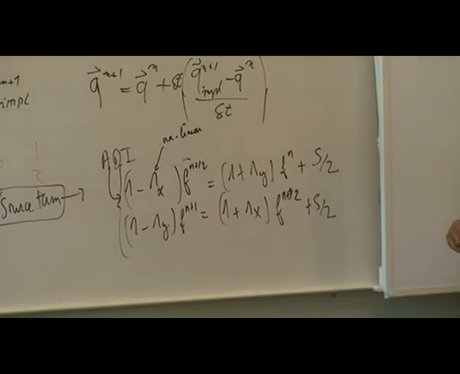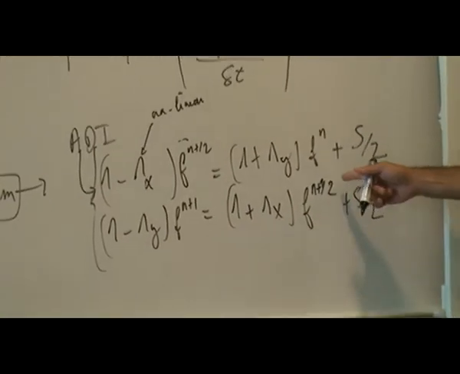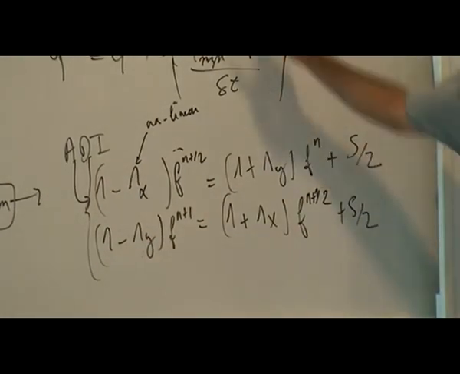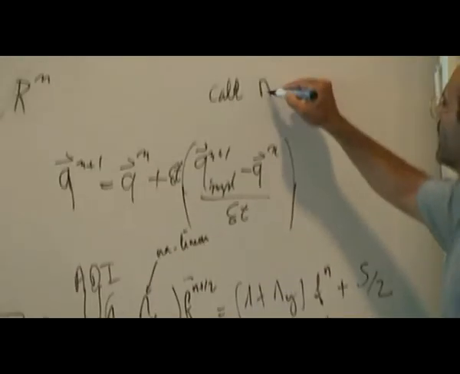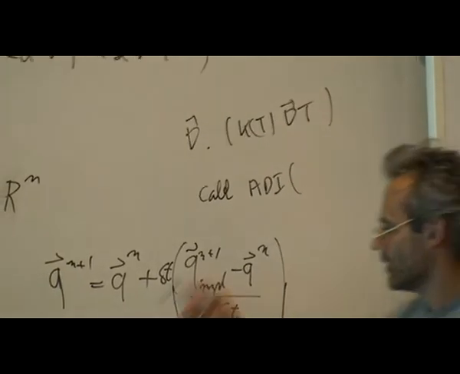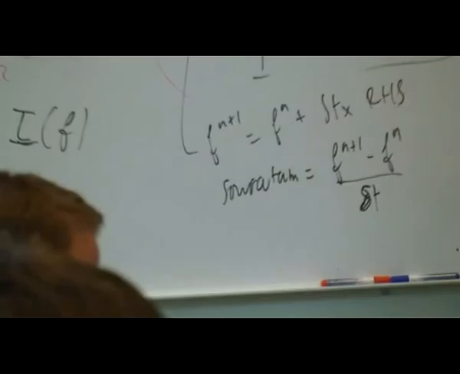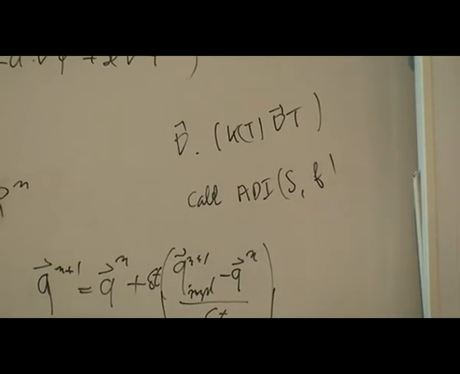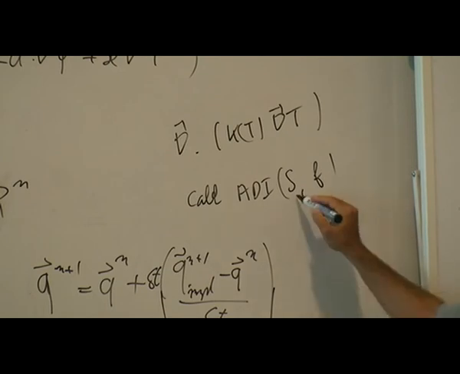But this one can be coded in a more generic form, something like a call ADI, just after the explicit time step, where we can give the source term and the new function for any source term.